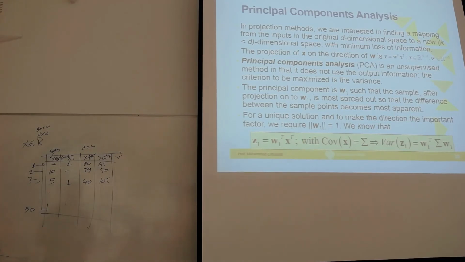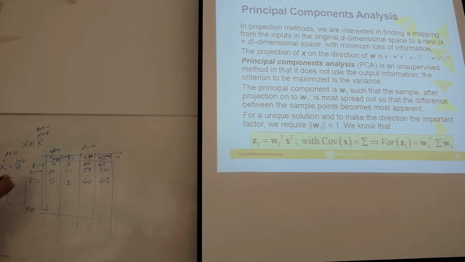If we take the transpose of this W, W transpose is 1 times D, and X transpose is D times N. As you know from the multiplication of matrices or vectors, the result will be a vector of 1 times N. So what happened? You multiply a vector of 1 by D, meaning W1, W2, W3, W4 in this example, by this matrix.